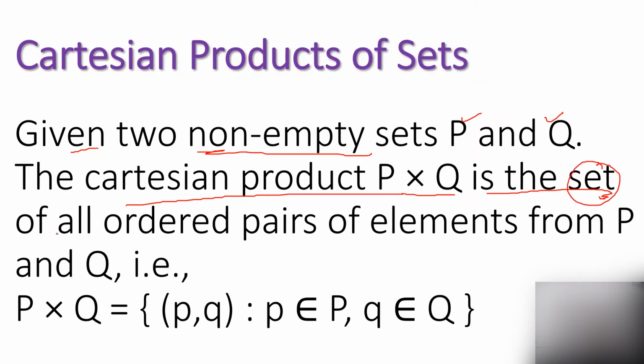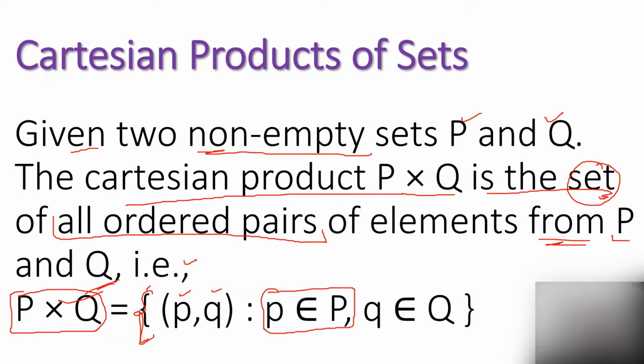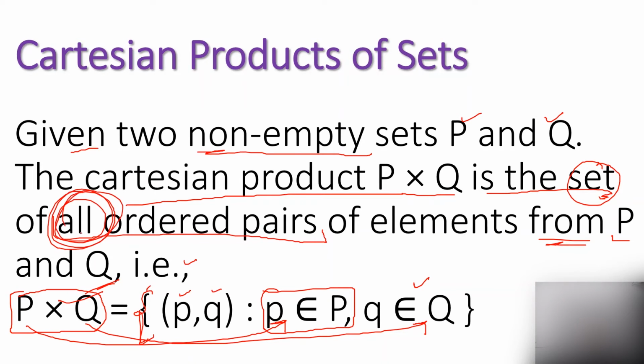It's the set of all ordered pairs of elements from P and Q. In symbolic form we write P cross Q, and in roster form it's the collection of all (p, q) such that p is a member of P and q is a member of Q. Very first the element of first set and then the element of second set.